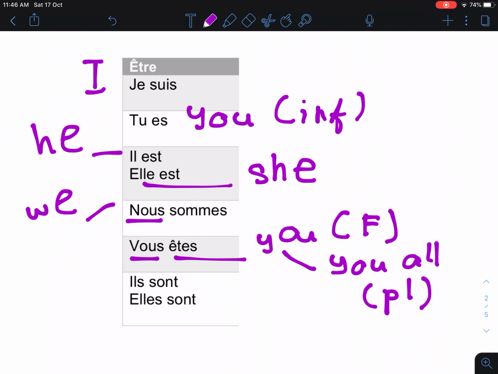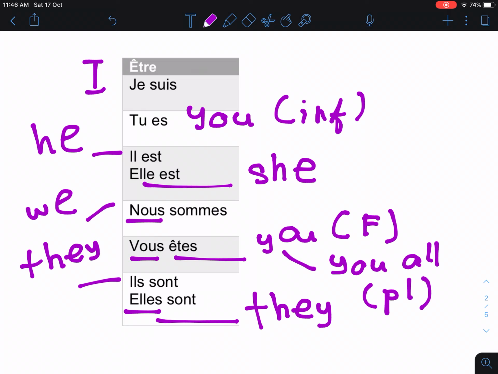Now, next you have ils. The S is silent. It means they. And elles means they. Well, these two mean they, but what are the differences? Okay, the first one, ils here, it's for they who are all guys, and also when you have both combination of gender.